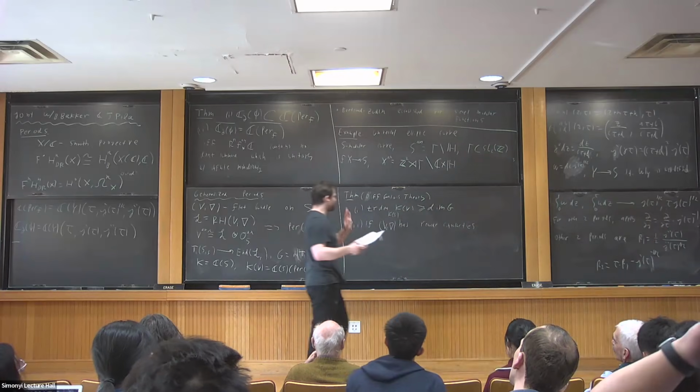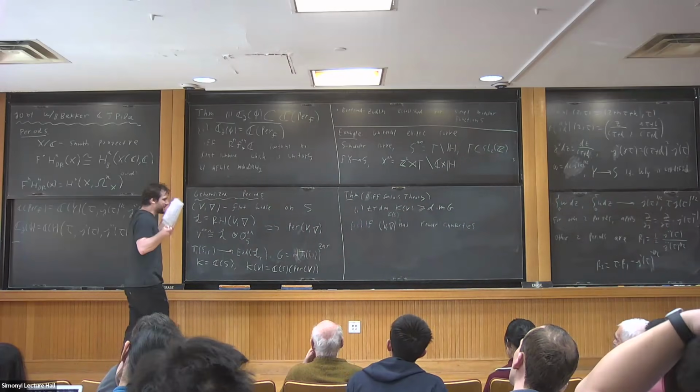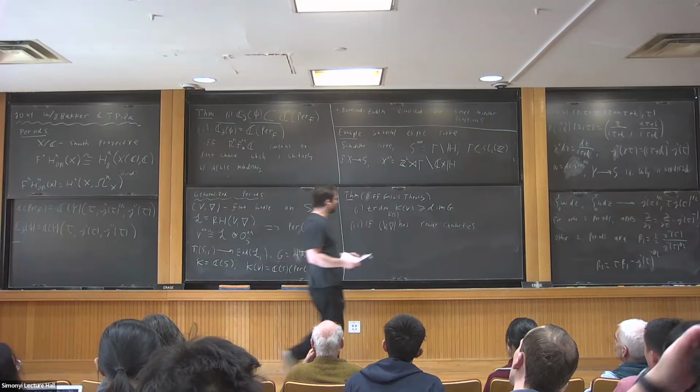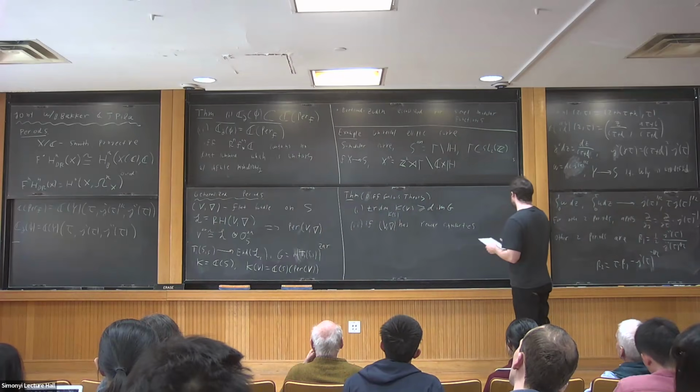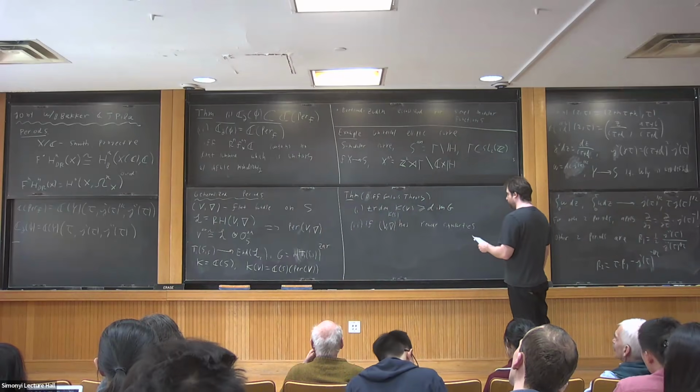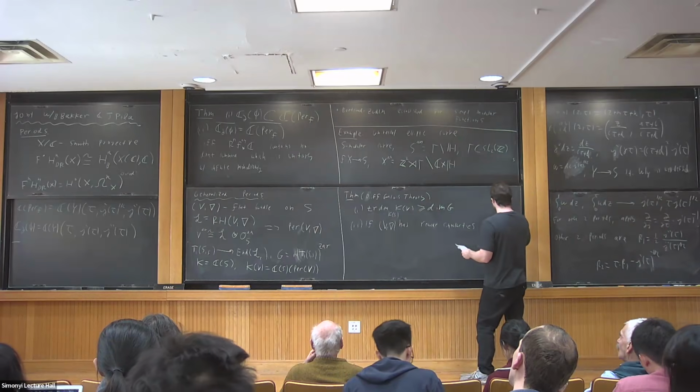Part of the reason I'm giving this talk is I'm curious about what happens in the irregular singularities case, which I don't think we have the right questions for. If V has regular singularities, then you get an equality.